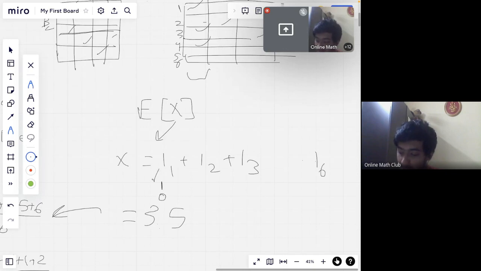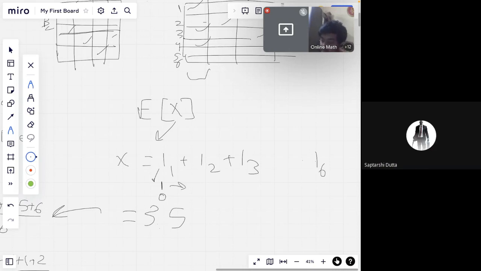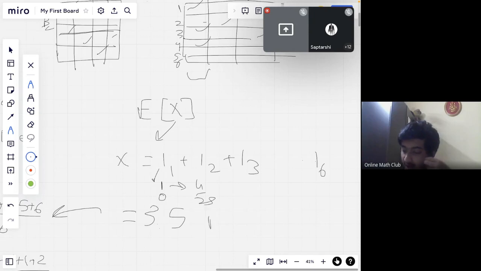I1 is 1 if problem 1 was missed, and 0 if it was not missed. And what is the probability that I1 is 1? This is 4 by 25. So the expected value of I1 is 4 by 25.